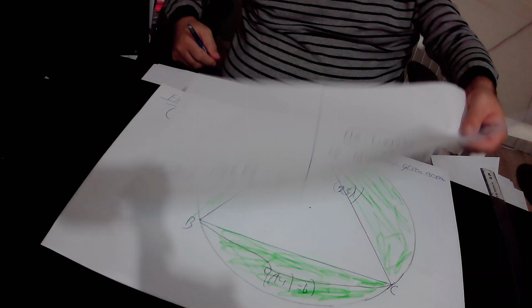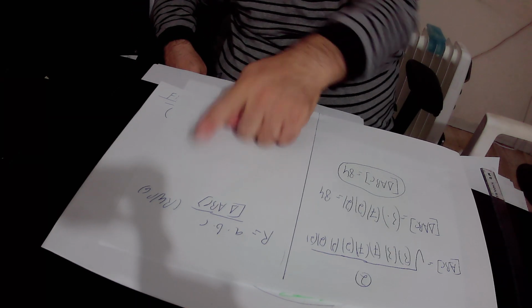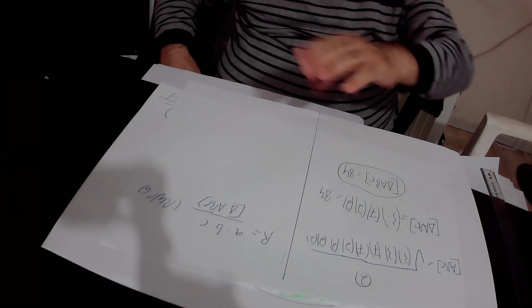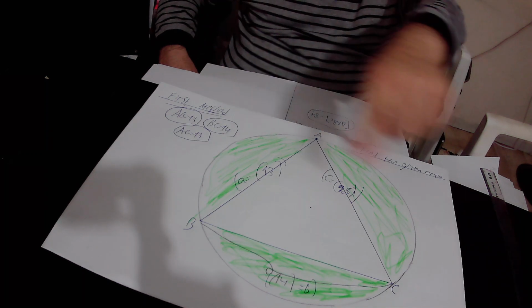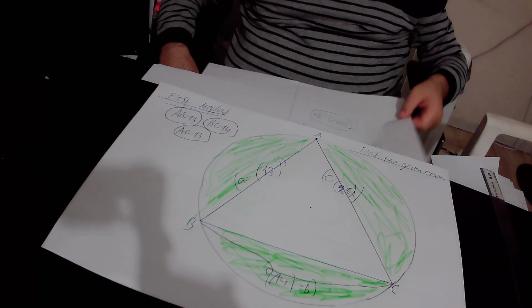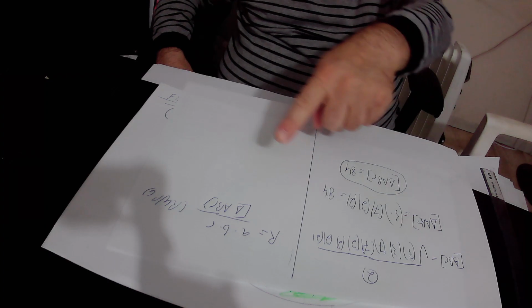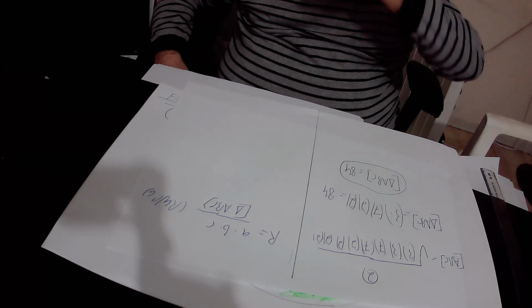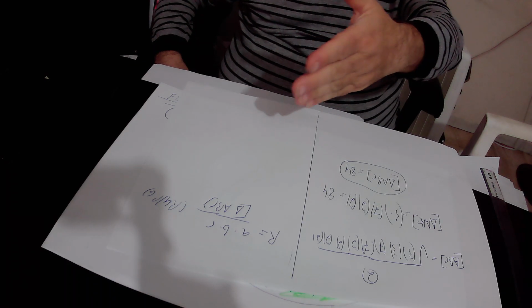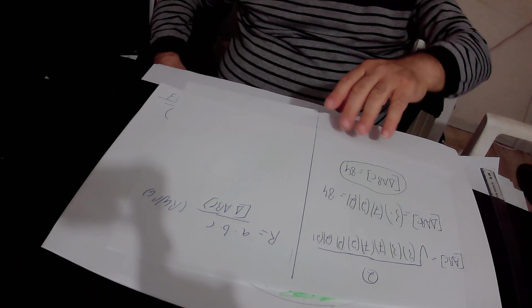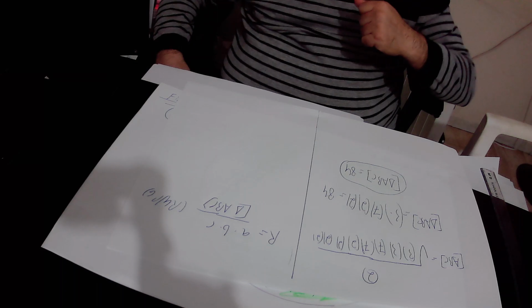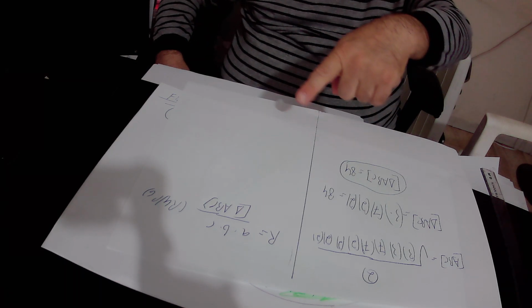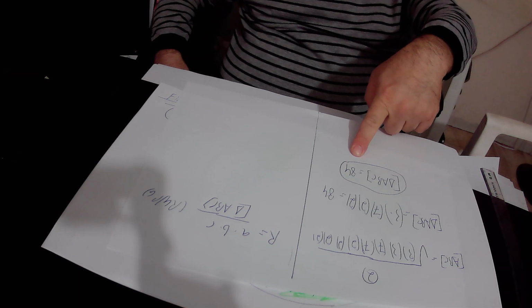Repeat again, according to rule number 6, the radius of this circle that blocks triangle ABC equals A times B times C, that is the multiplication of the side lengths of triangle ABC, over 4 times the area of triangle ABC. We have already found out that the area of triangle ABC equals 84 square units.